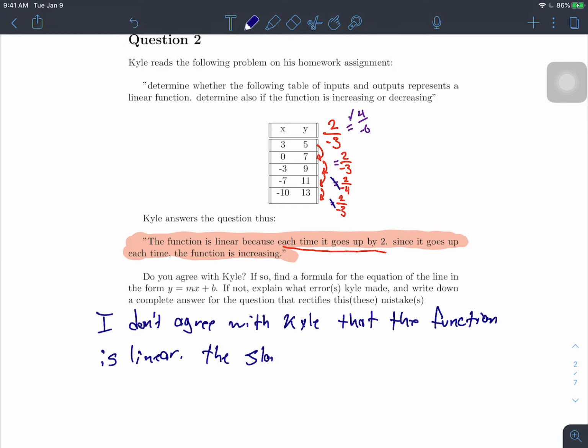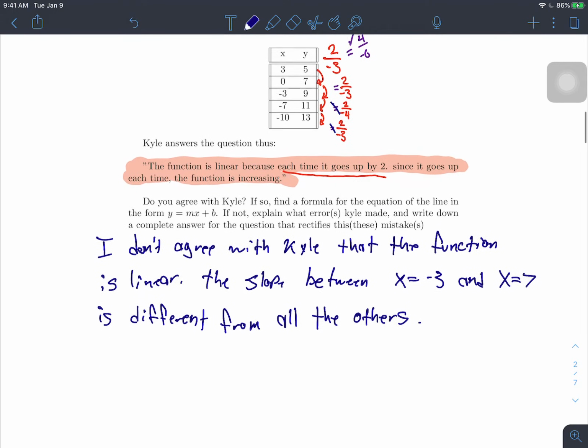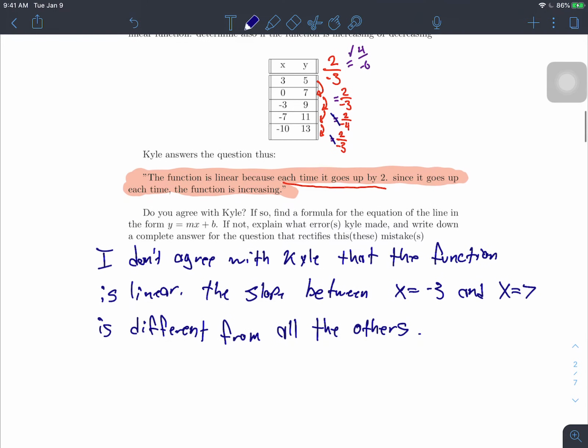The slope between x equals negative 3 and x equals 7 is different from all the others. Okay, so that's my first statement.